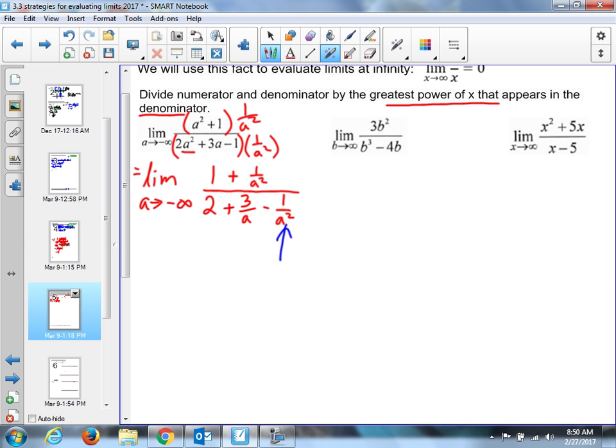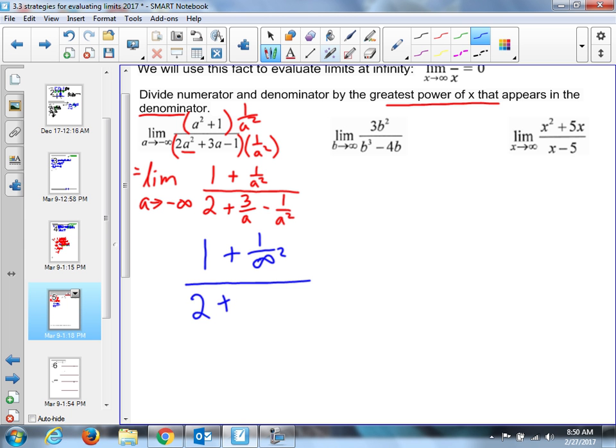Now, I want to show you something that you can't do. I hate doing that, but I'm going to, and then I'm going to erase it. Do not copy this down, but here's an error I don't want to see. 1 plus 1 over infinity squared, over 2 plus 3 over infinity minus 1 over infinity squared. I guess those are negatives, but still, this is incorrect.